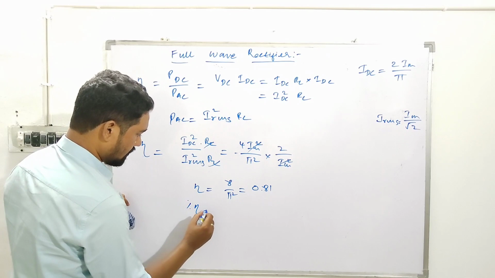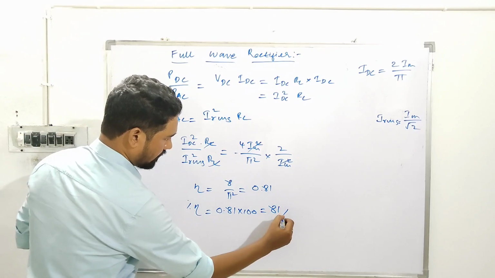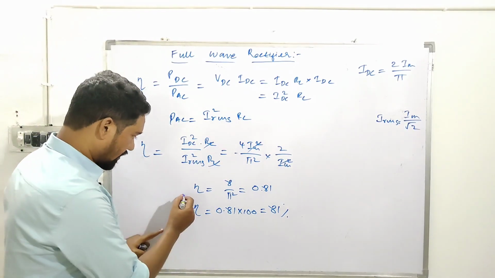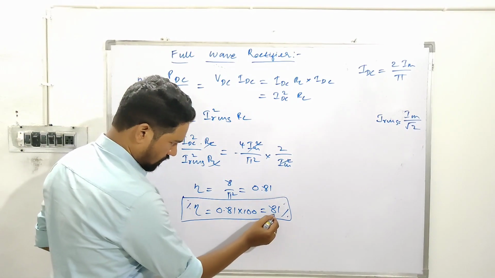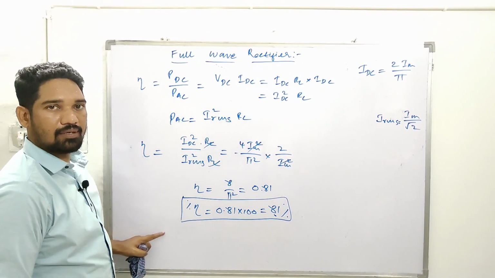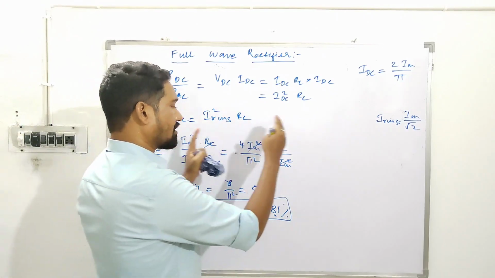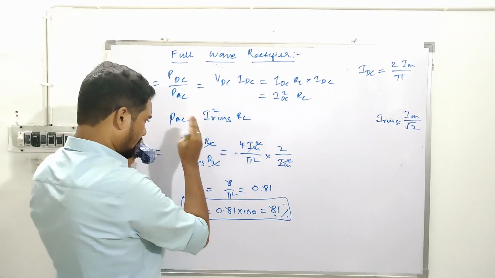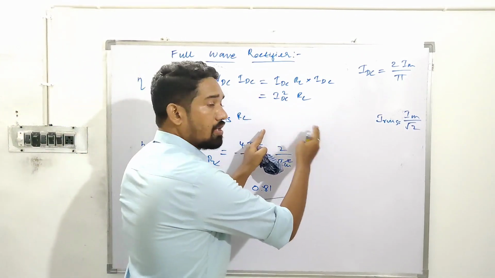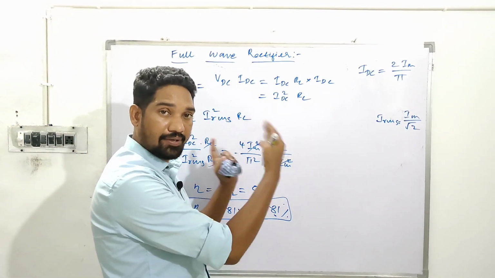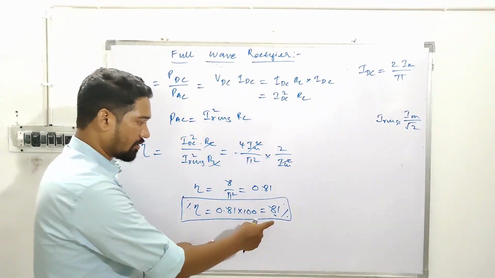And what is percentage efficiency? It's 0.81 into 100, that will be 81% efficiency. What do you extract from here? Efficiency is 81%. The main motive to construct a rectifier circuit is that whatever AC is given should be converted to DC. 100% conversion is required, but only 81% of AC is converted to DC.